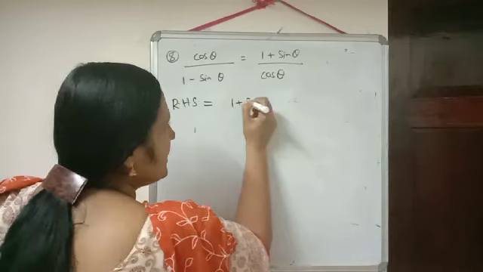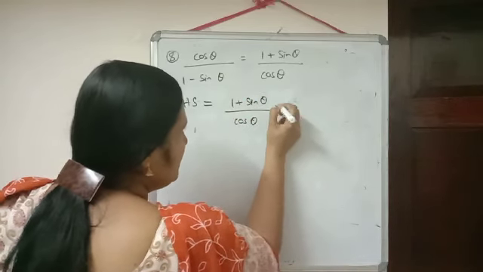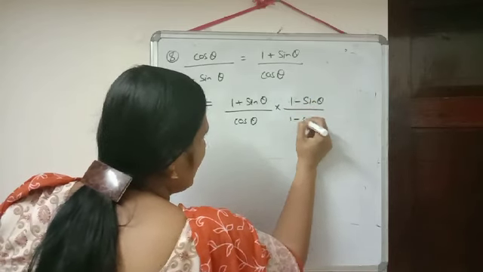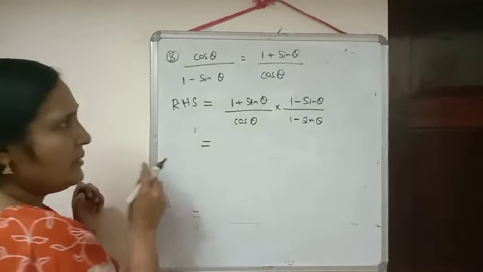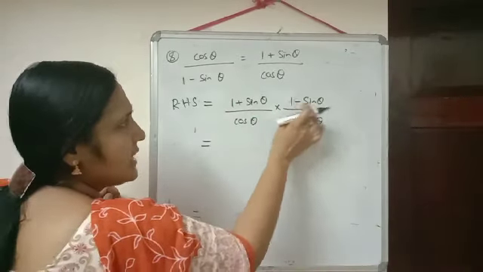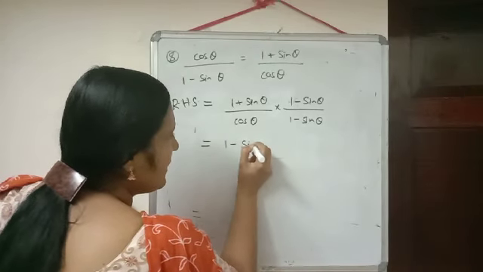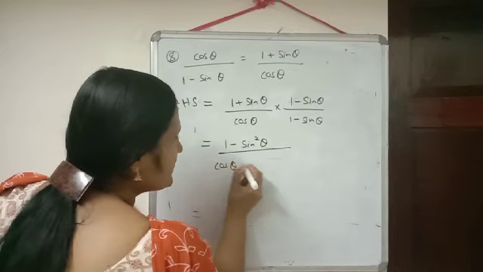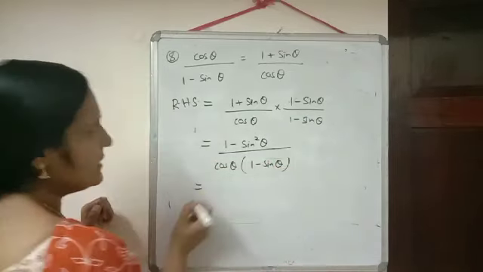So just write down there (1 plus sin theta) by cos theta into (1 minus sin theta) by (1 minus sin theta). Now our numerator will become 1 plus sin theta into 1 minus sin theta, which will be equal to 1 minus sin square theta by cos theta into, inside the bracket, 1 minus sin theta.